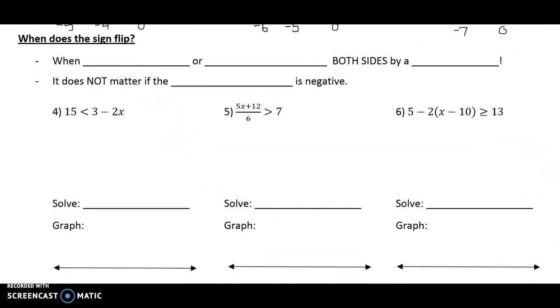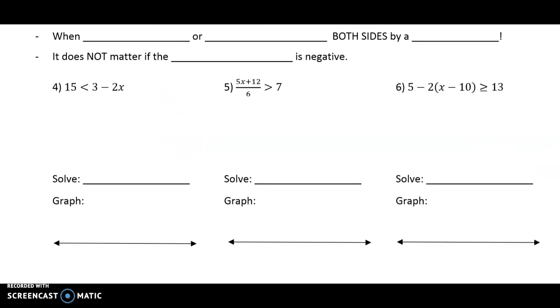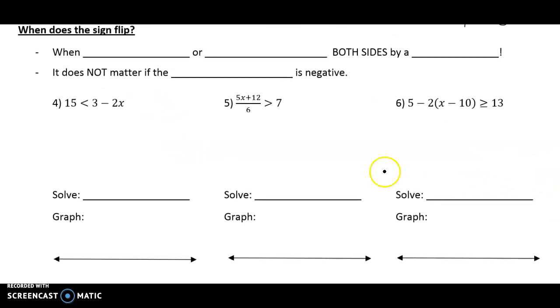So sign only flips when you multiply or divide both sides by a negative. Okay? It does not matter if the answer is negative. So I don't care what the answer is. I care about what I'm multiplying or dividing by. Okay? So that's key. That is key.